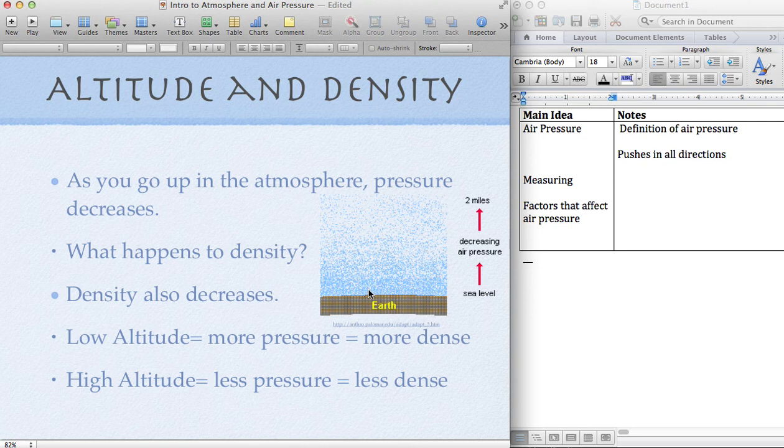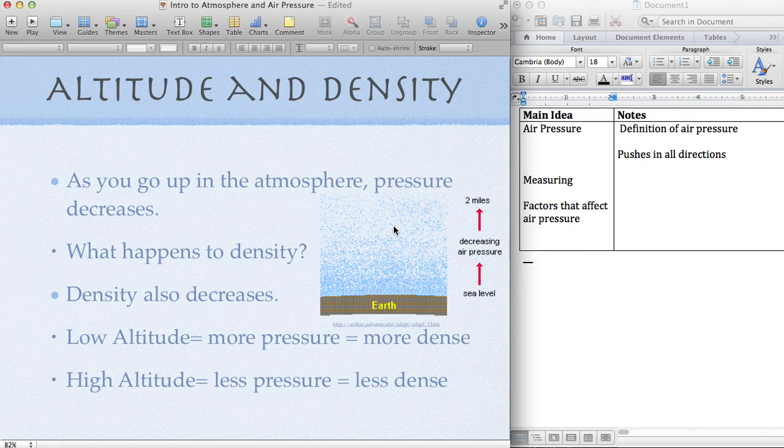So if you were to take a deep breath, you would get lots of air molecules in. But if you were to be up higher, say, at a ski resort, when you breathe in, you wouldn't get as many air molecules. There's just more space in between them. And that's what's going to give you altitude sickness. You're not getting the amount of oxygen molecules that you're used to.